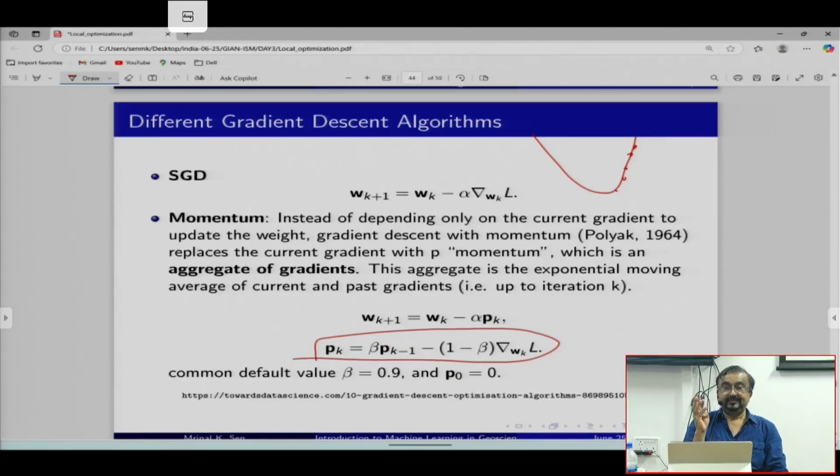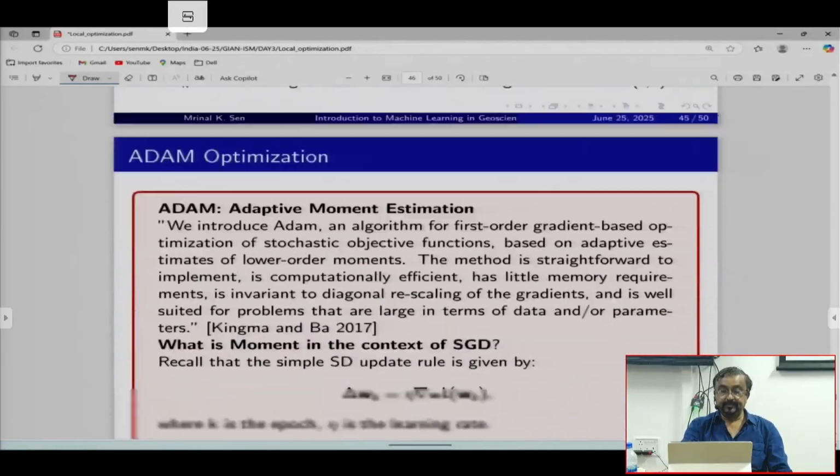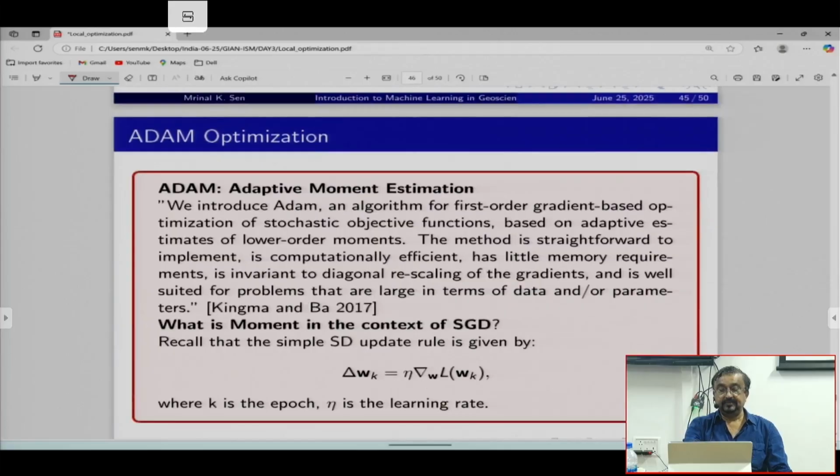My experience has been, not guaranteed, that if you use mini batches with the momentum information, it's called the Adam method. If you use mini batches with Adam, then it's called adaptive moment optimization. So mini batch plus Adam.